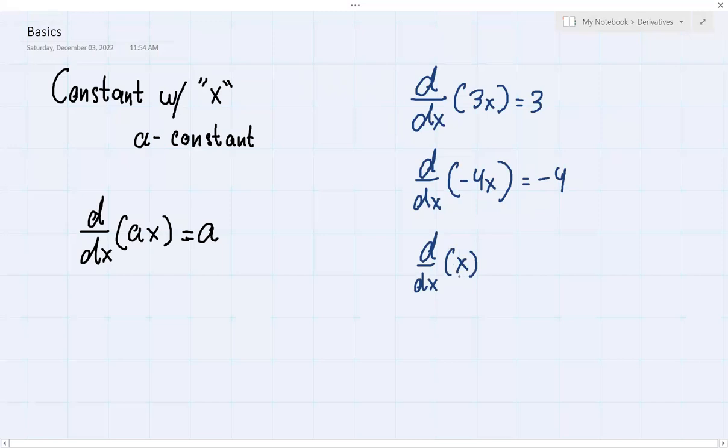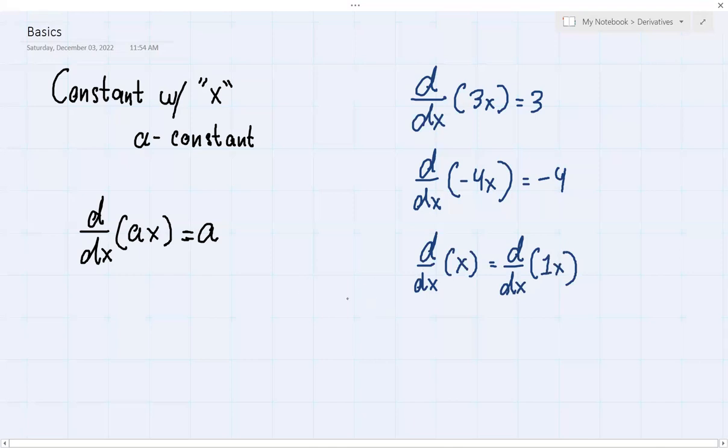Itong si x, 'di ba parang mukhang wala naman siyang constant eh. Si x lang naman eh, 'di ba? Pero kapag may nakita kang ganyang variable, wala siyang coefficient, actually meron siya. X is the same as 1 times x or 1x ang tawag dyan. Okay?